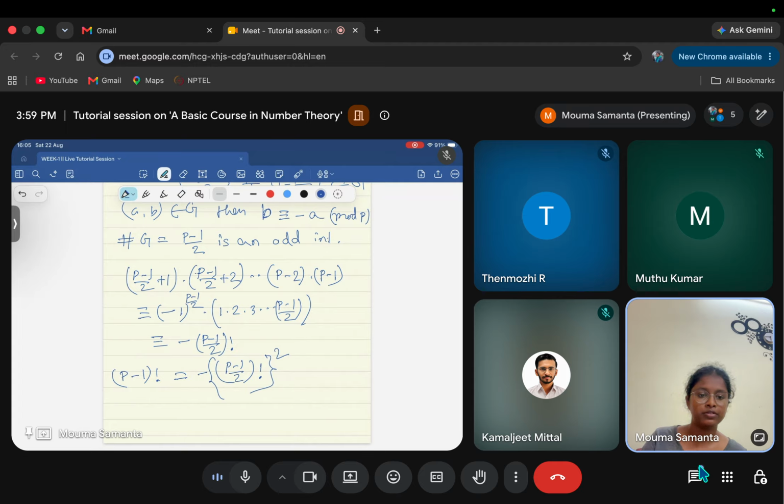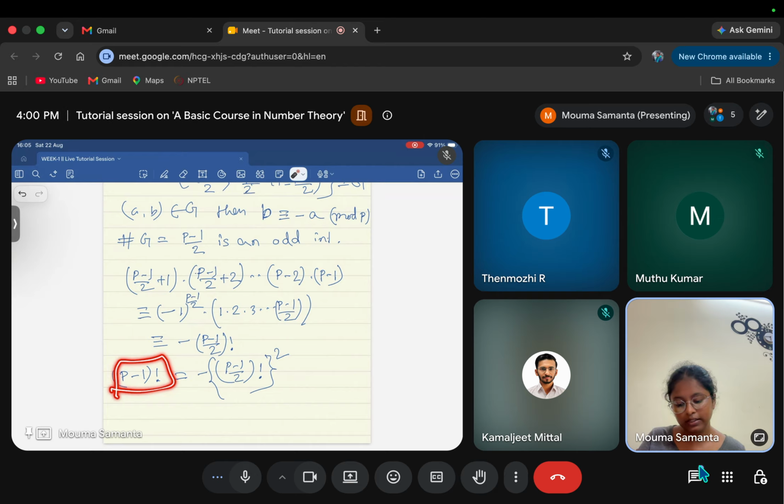Now by using Wilson's theorem, this term is congruent to minus 1 mod p, therefore this term will also be congruent to minus 1 mod p.